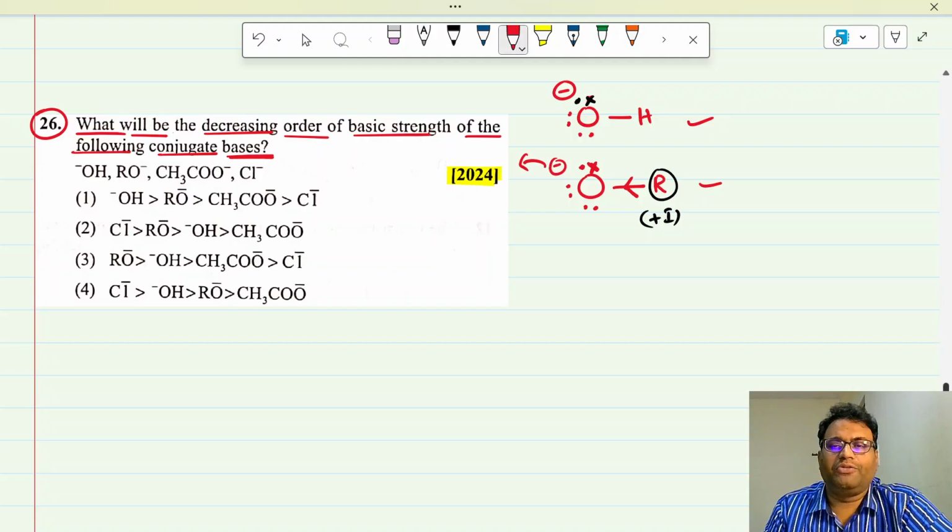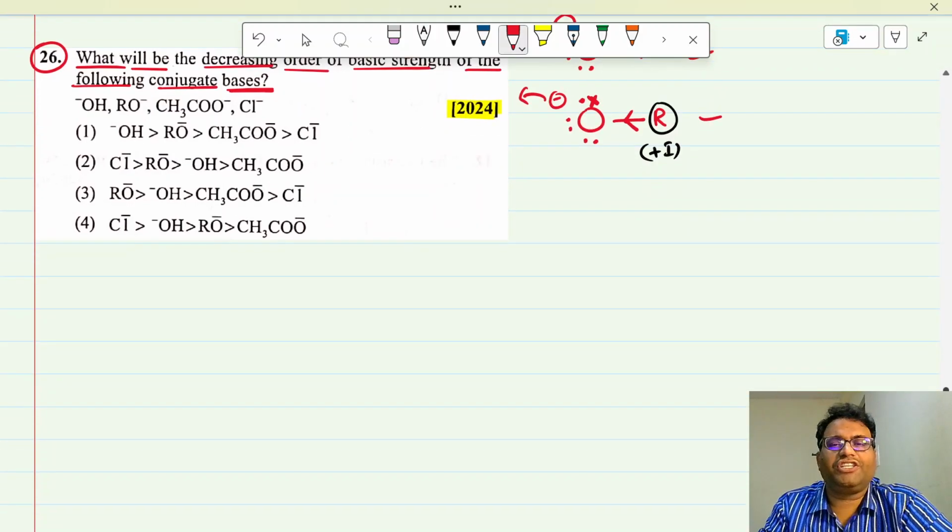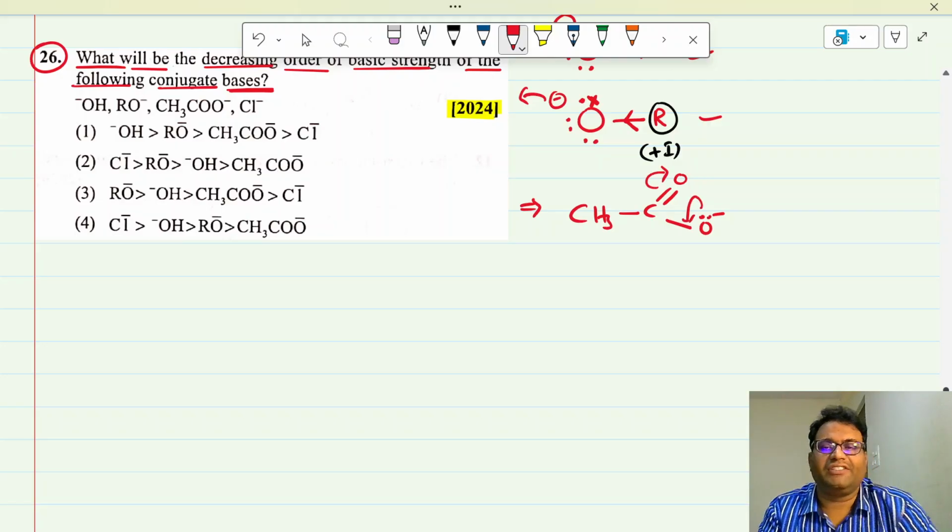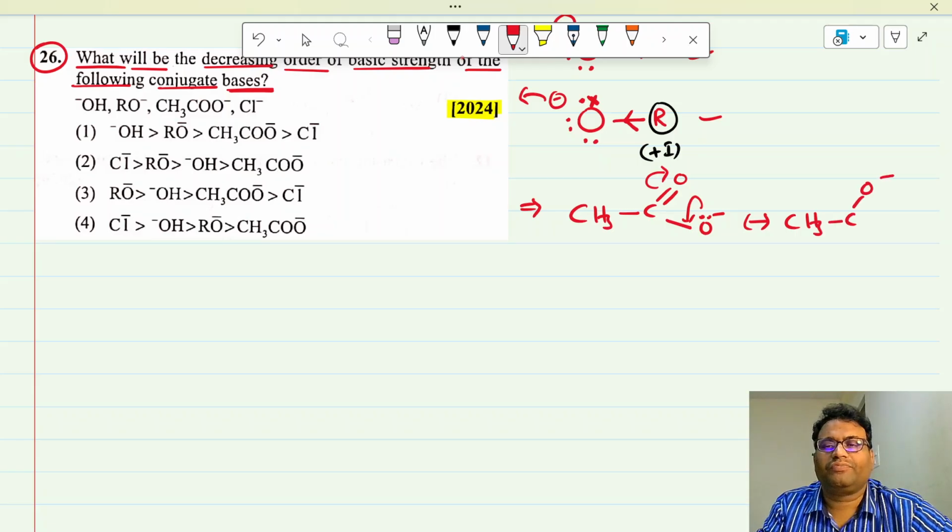Now, next coming to CH3COO minus. Now you say this pair of electrons are in resonance, delocalized, and two equivalent resonating structures are formed. Due to these two equivalent resonating structures, the species is highly stable.